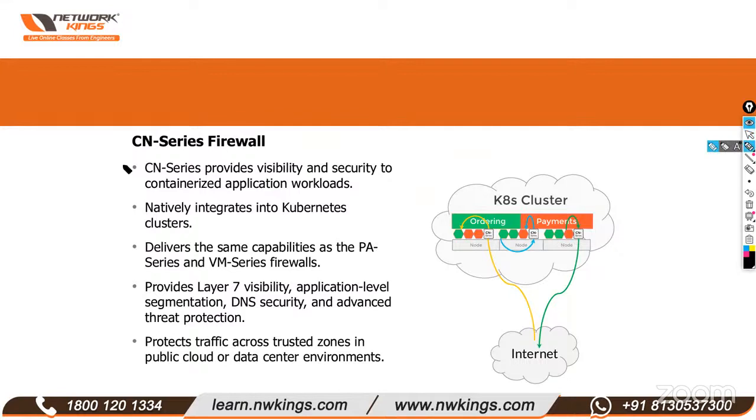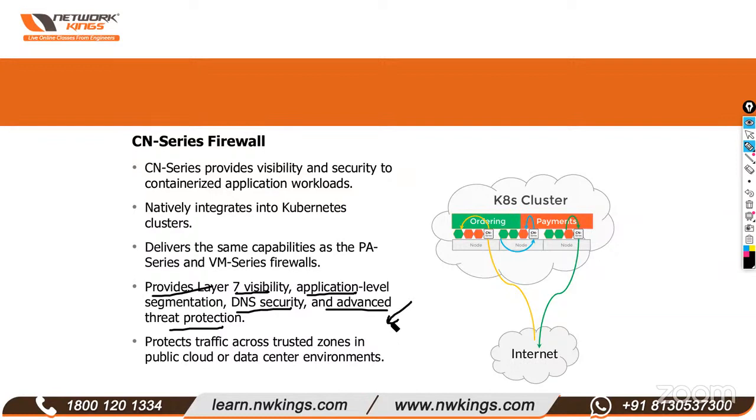So the CN series devices will be very small devices, based on Kubernetes, because Kubernetes nodes use very few resources. It also provides layer 7 visibility, application and DNS security, and advanced protection.